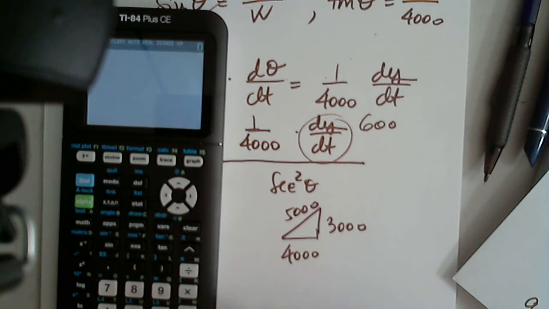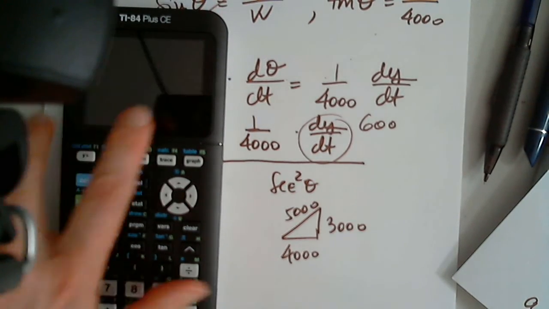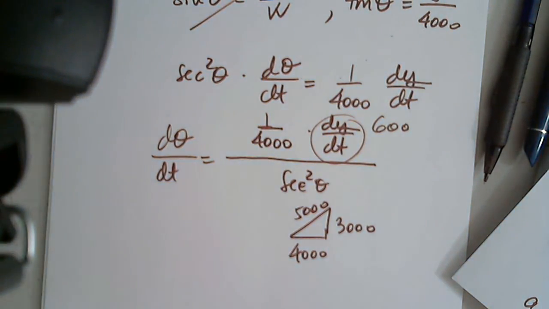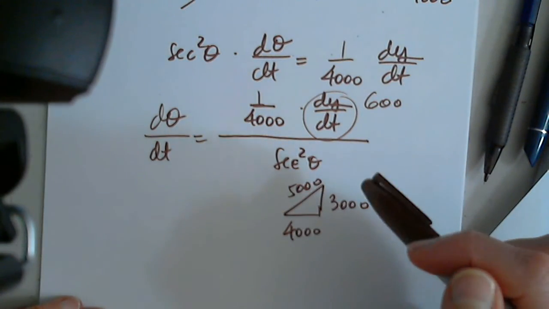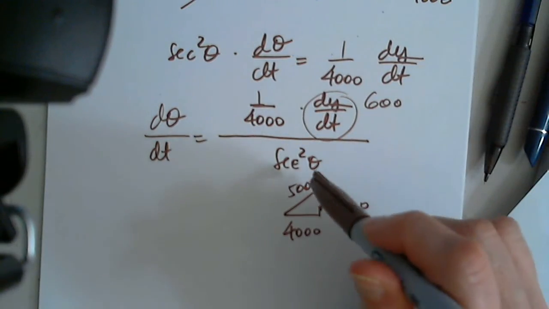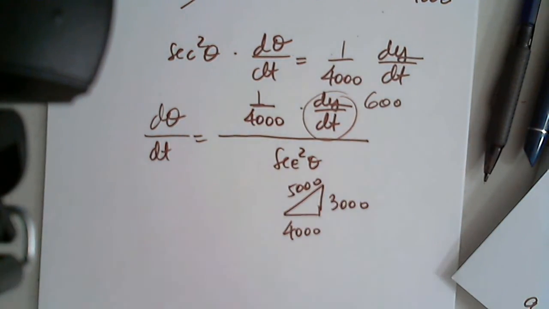So I have the square root of 3,000 squared plus 4,000 squared. Yeah, just making sure. Okay, so if that's the case, then secant is 5,000 over 4,000, so 5/4.